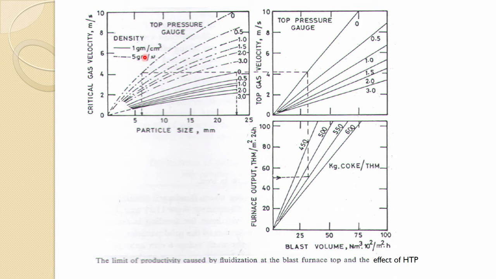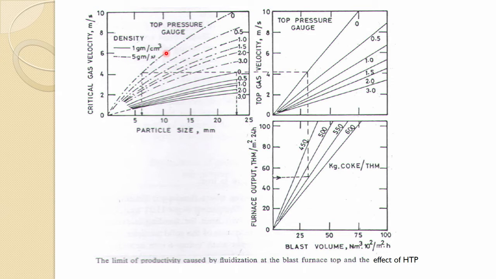Depending on that, and these are showing the top pressure in the furnace. So, these are all the top pressure in the furnace. This is the gas density, these are the ore density.